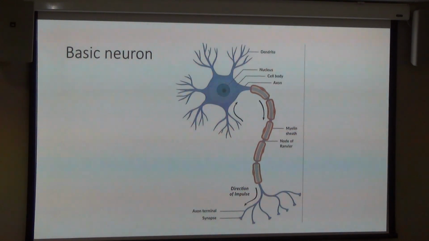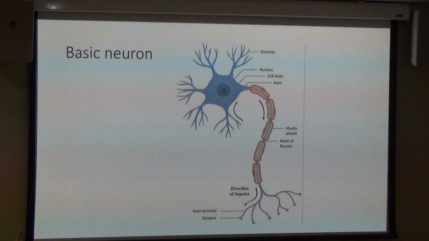Okay, so it has to be a cell body with a nucleus, with dendrites coming out from the cell body, and a long axon.